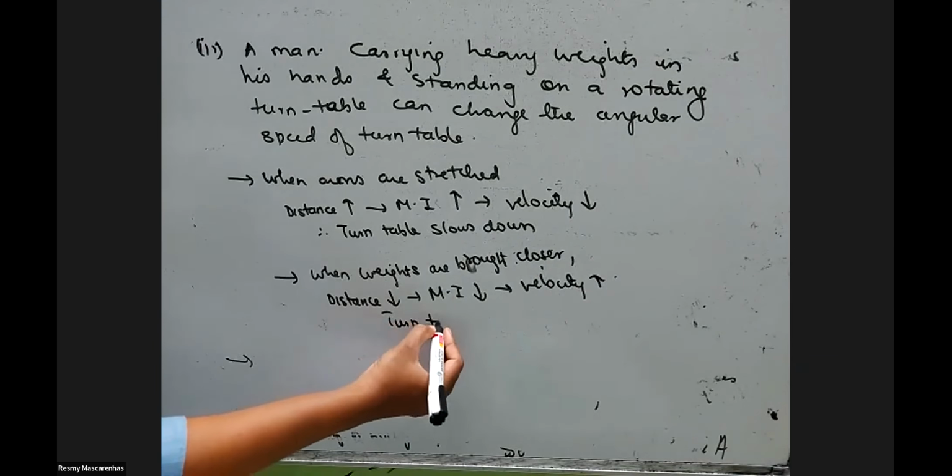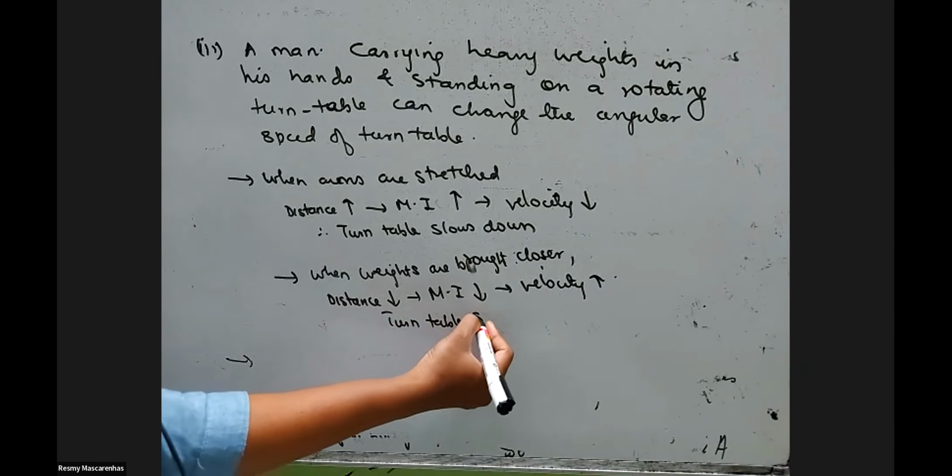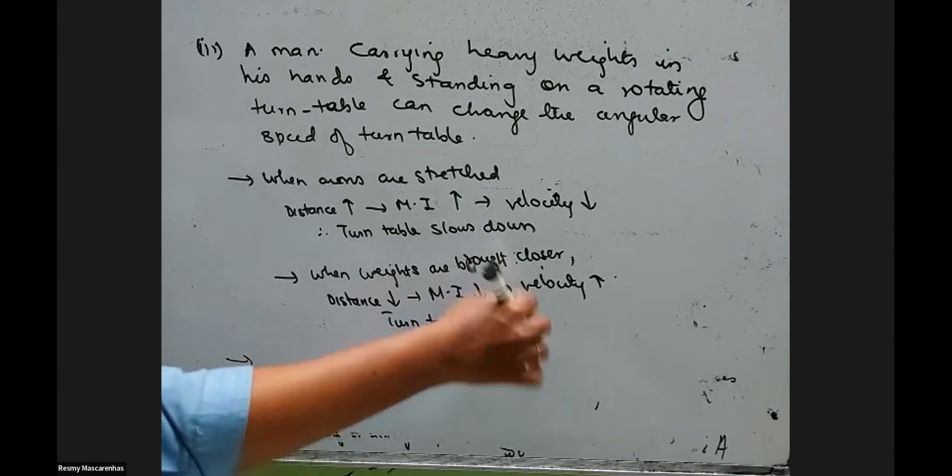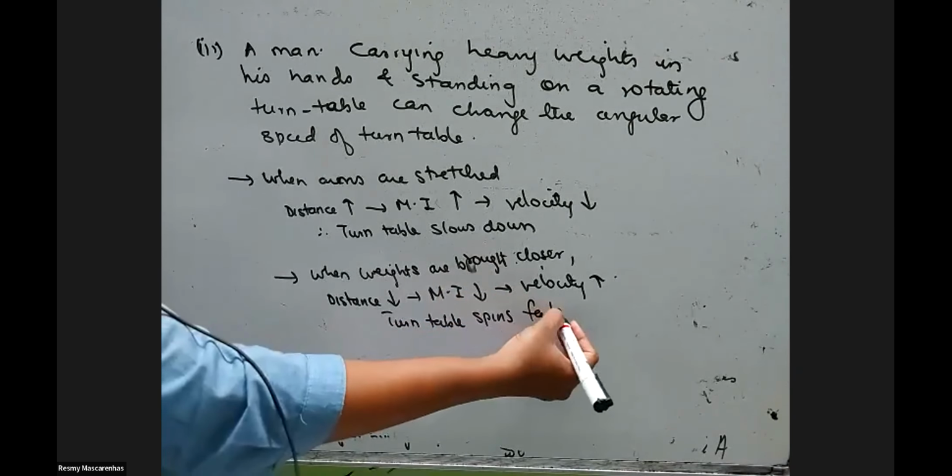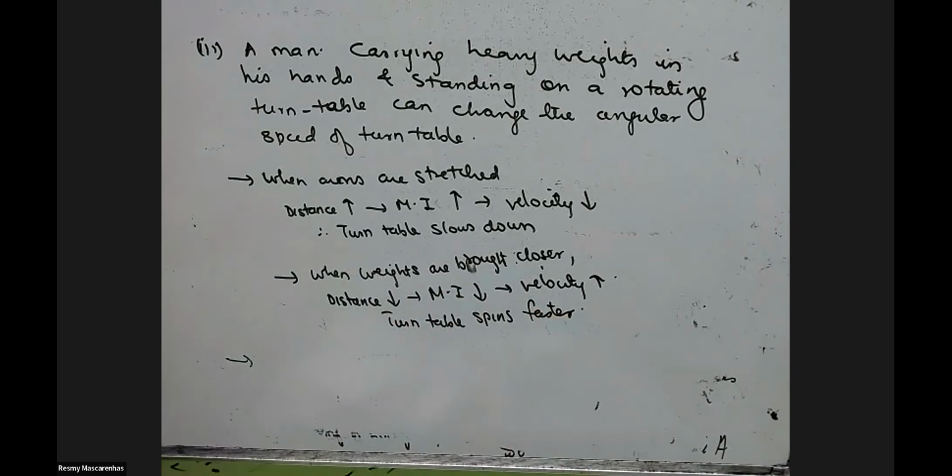The turntable can spin faster. They can spin the turntable faster by the movement. So whenever you want to stop, suppose, you will always stretch the arm.